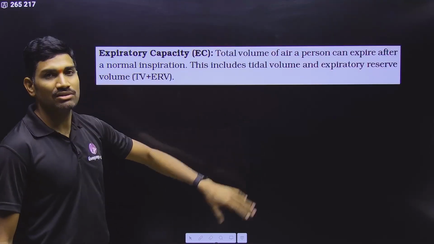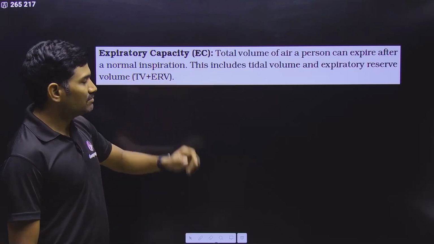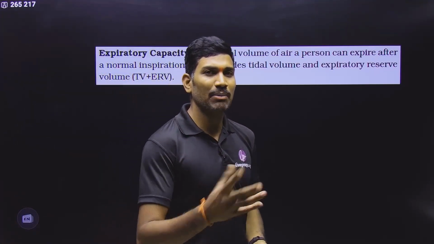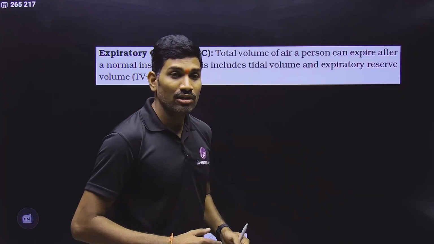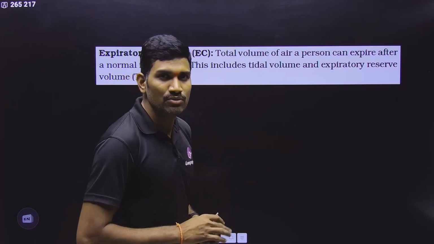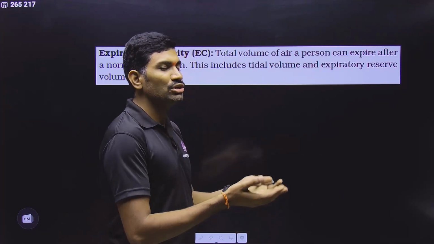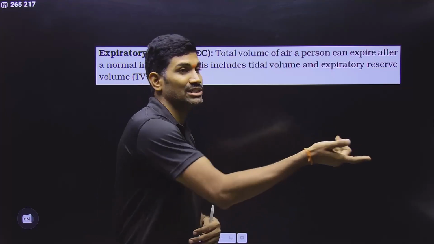Now I will show you at the end of this lecture how they can ask all these things in the examination. The next one is expiratory capacity. In the same way, what is this capacity? Anyhow, we can release the tidal volume. Along with this, during forced expiration, some extra is also coming. So for this, what is the compulsory thing? You need to do normal inspiration. After normal inspiration, you need to do forced expiration.